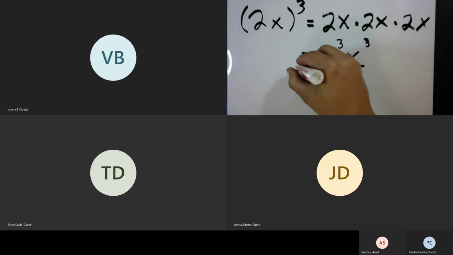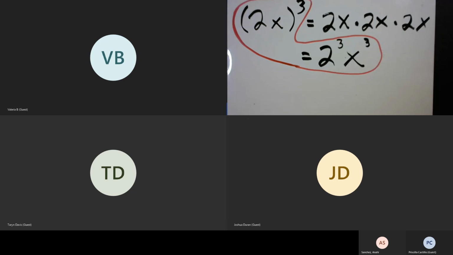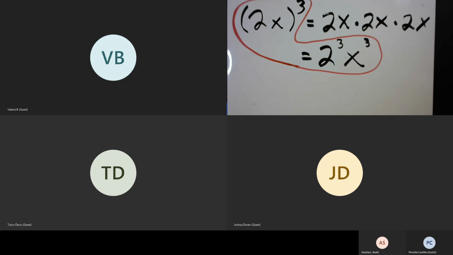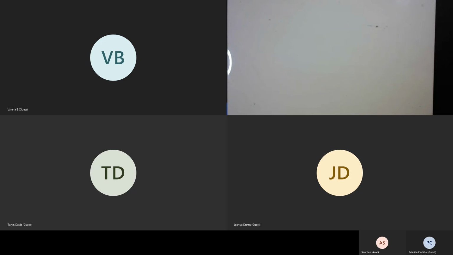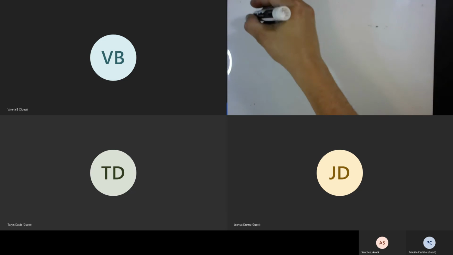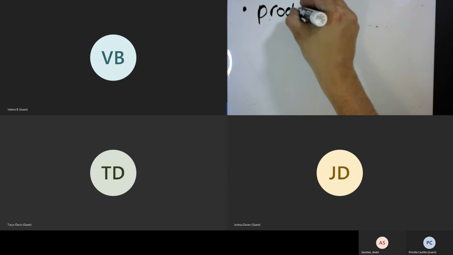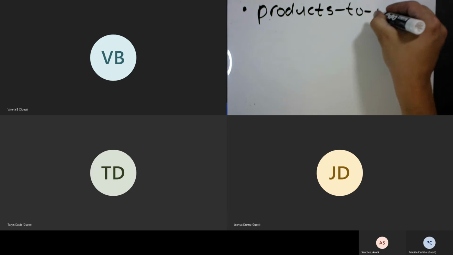So again, we're looking for a pattern we can follow. And what looks like we just need to do is distribute the 3 to the 2 and the 3 to the x. And sure enough, that's going to be the pattern that works. So this one is products to powers.